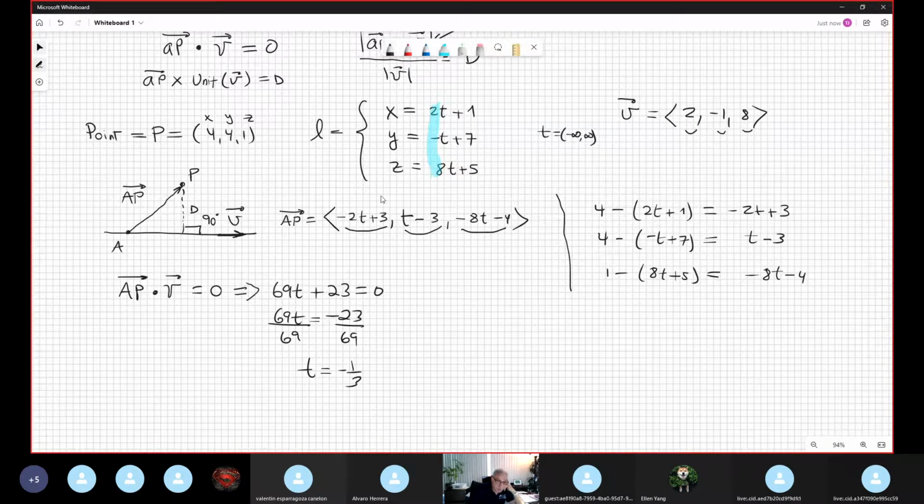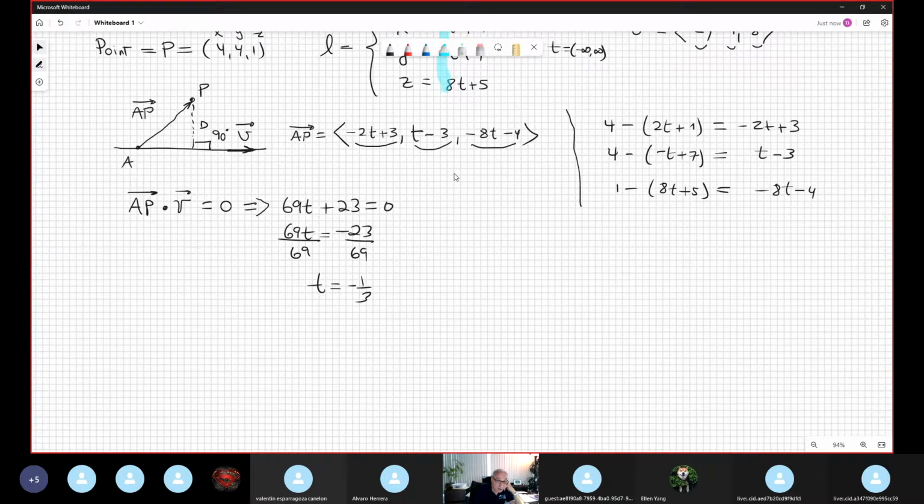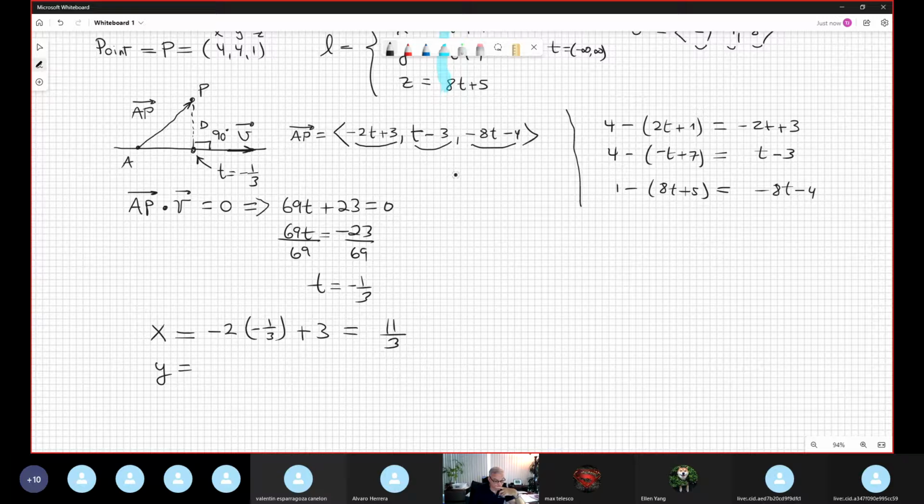Okay, now using this parameter t equal negative 1/3, use substitution in the vector. x is equal to negative 2 times negative 1/3, plus 3, and the answer is 11/3. y is equal to negative 1/3 minus 3, which is negative 10/3.